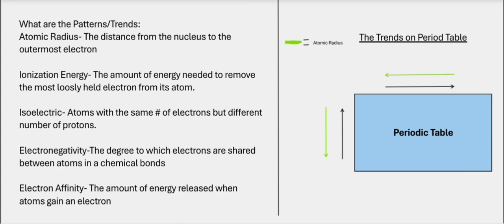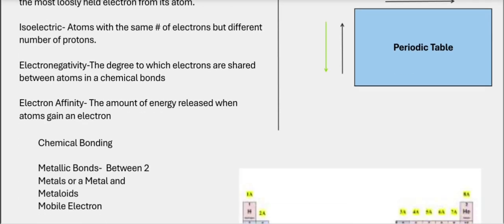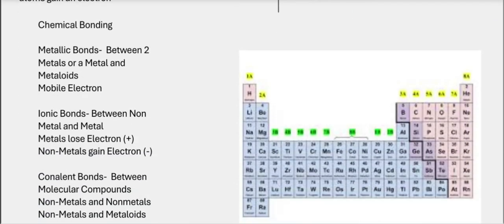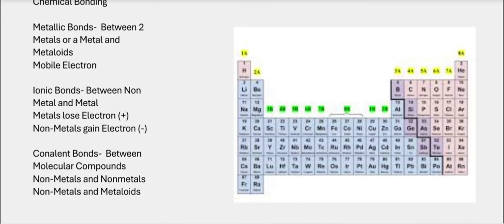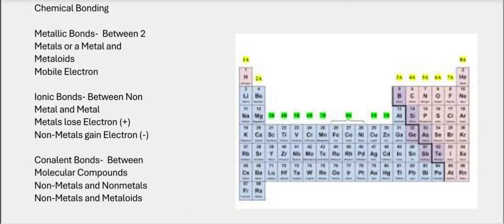Now, all these patterns and trends play massively into chemical bonding and drawing Lewis structures, structural formulas, and bond angles. Now, a little preview of chemical bonding is seen here. And again, now that we have an actual illustration of the periodic table, atomic radius is larger within these blue shaded elements, which are more metallic.